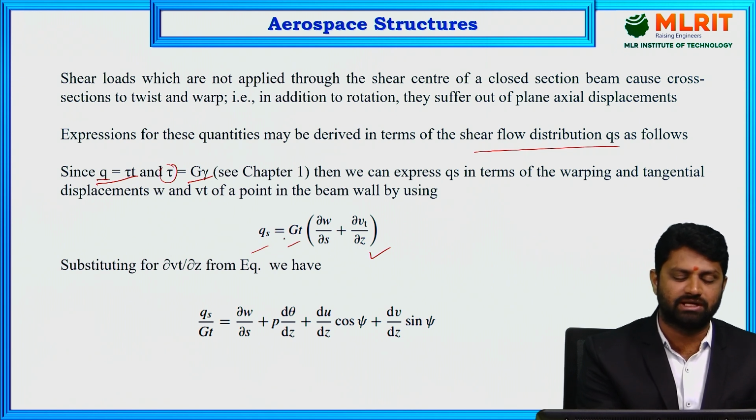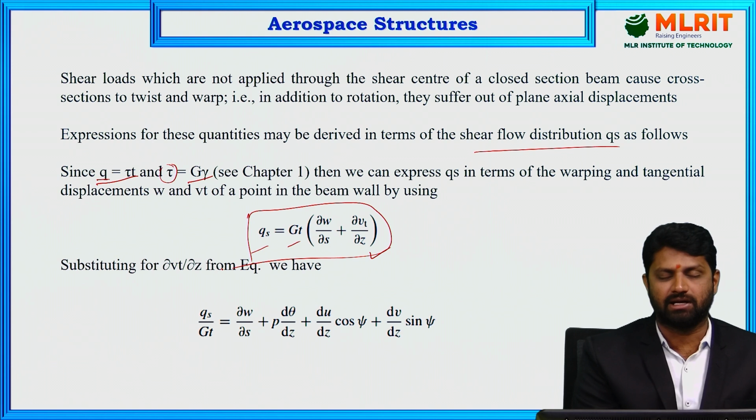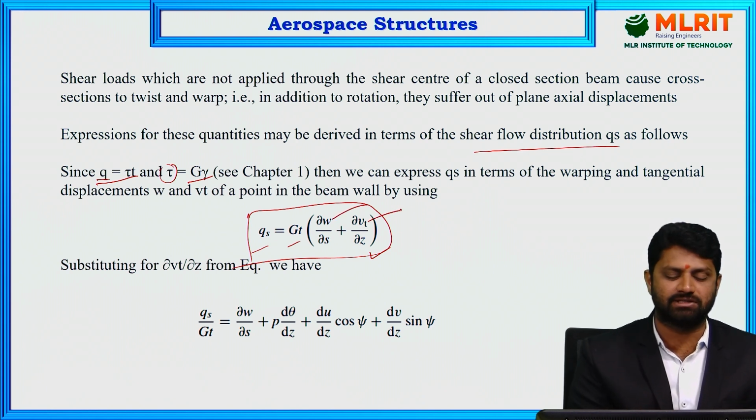This we have seen in the previous sessions: the shear flow Qs equals Gt into (∂W/∂s plus ∂Vt/∂z), where W is the axial displacement and Vt is the tangential displacement.